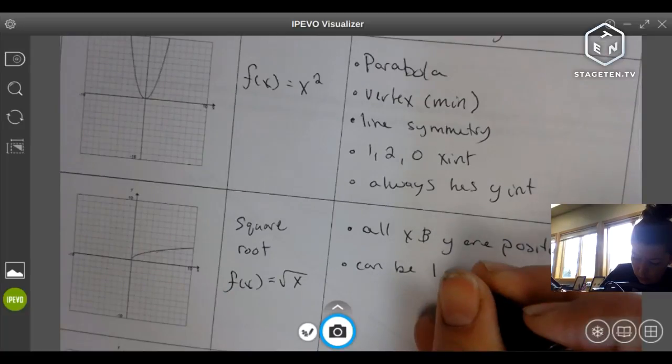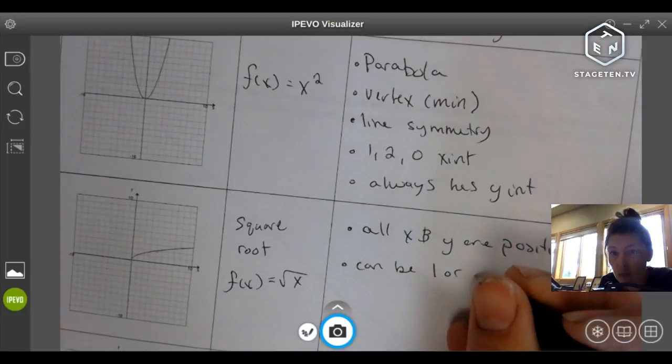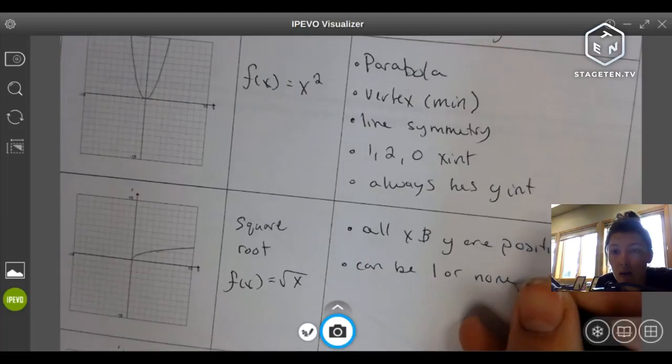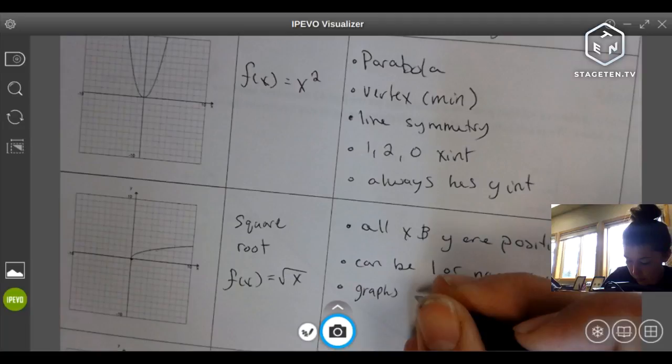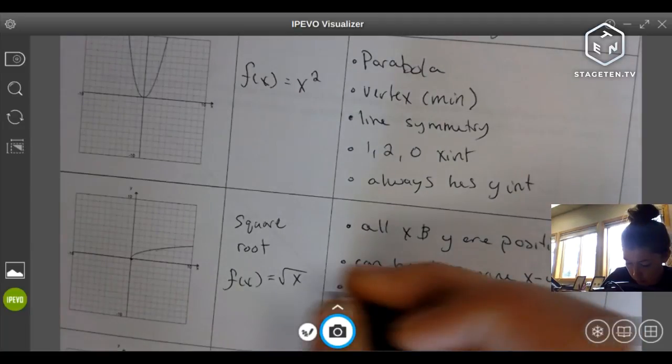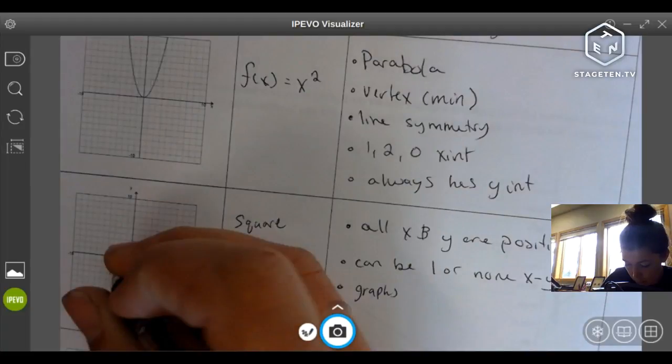There may be none or one x and y-intercept. So these graphs always have an endpoint that's here.